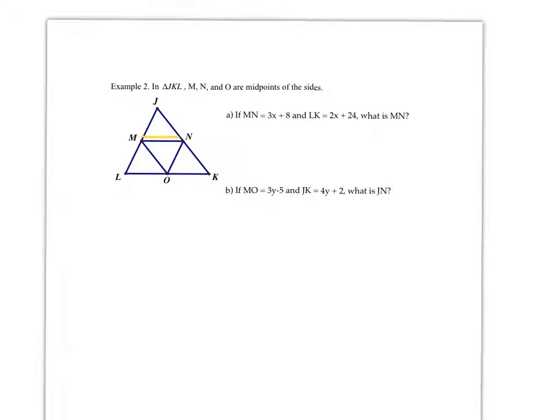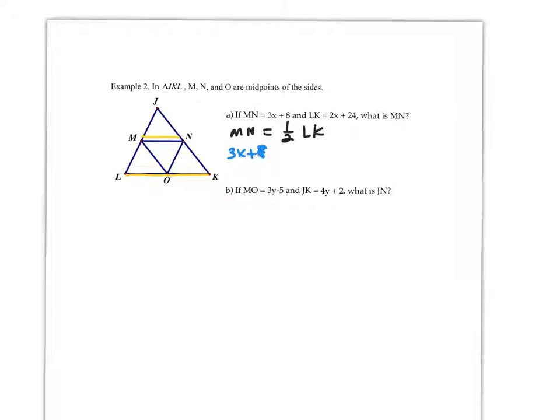Well, keep in mind that MN, being the midsegment, means that it's going to be equal to 1/2 of the length of line segment LK. All right, so we're comparing MN to LK. Obviously, they're not equal to each other, but according to the midsegment theorem, the midsegment's half as long as that third side. So we're going to plug in 3x plus 8 for MN.